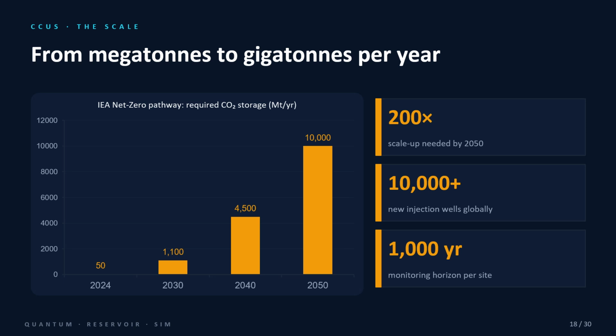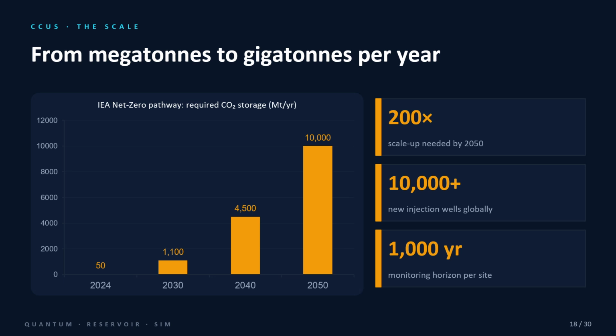This scale creates several simulation challenges. First, we need to evaluate many possible storage sites. Second, we need to design injection strategies that maximize storage while controlling pressure. Third, we need to assess risks related to leakage, induced seismicity, caprock integrity, and long-term plume migration. Each storage site has geological uncertainty.